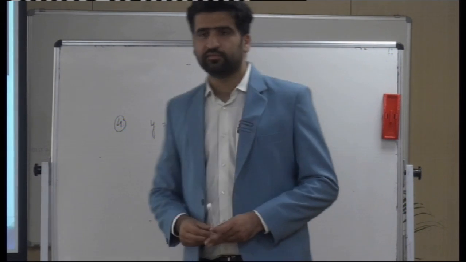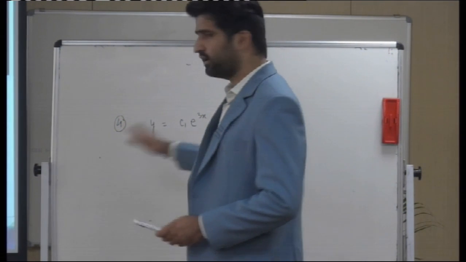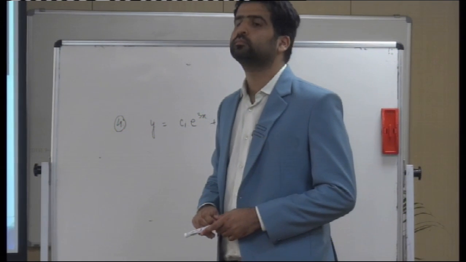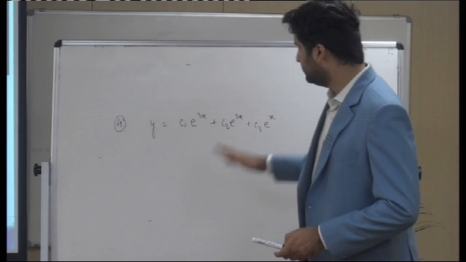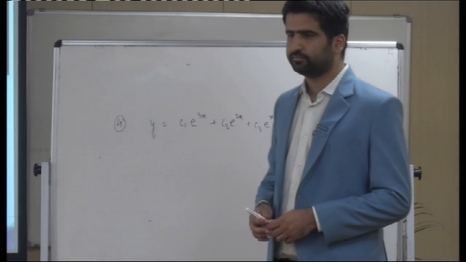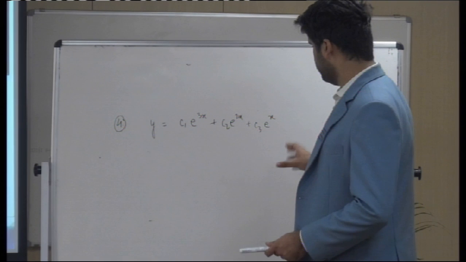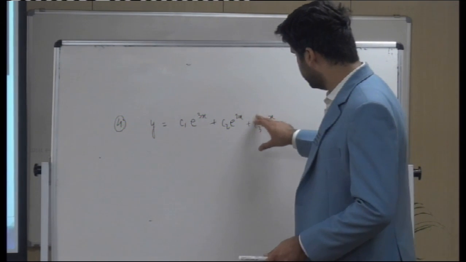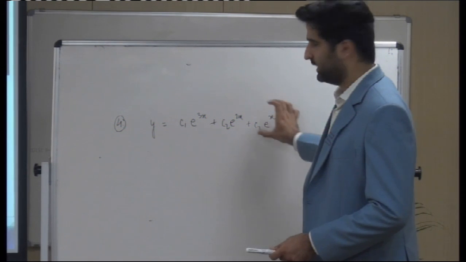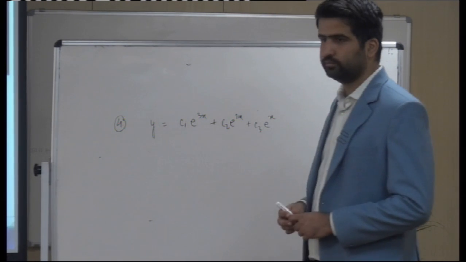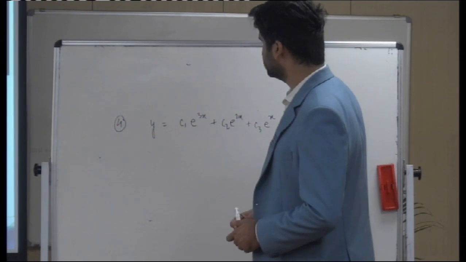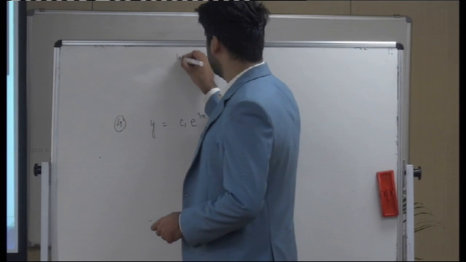So what will be the first step? Differentiate it right away. Then, yeah, exactly. Divide the whole equation by e to the power x or multiply by e to the power minus x. The use of that will be that we'll get this C3 alone, right, without any function. And if we differentiate it, it will become 0. Okay. So we'll do it step by step.